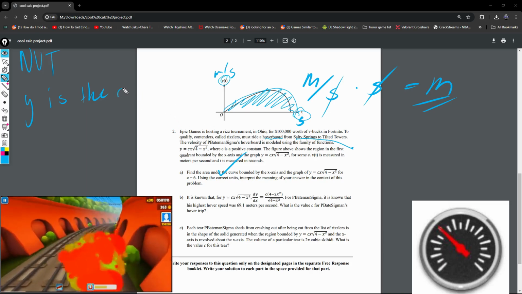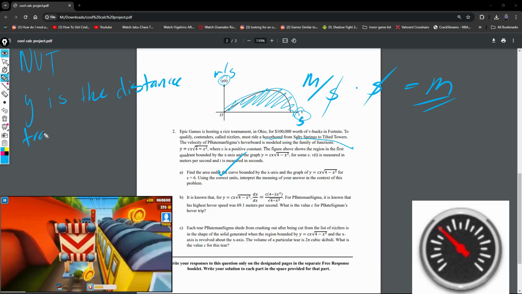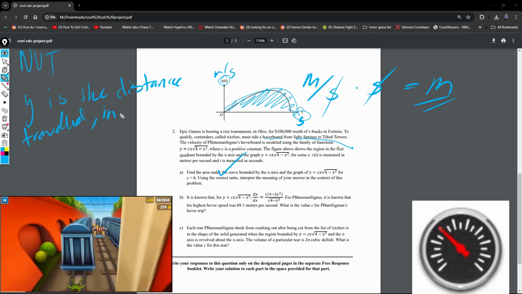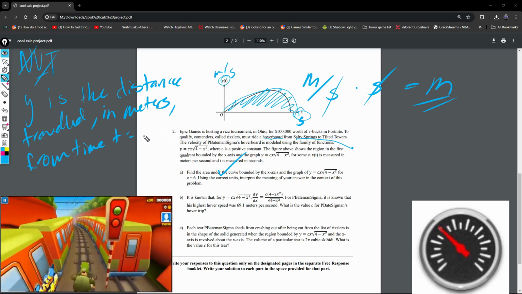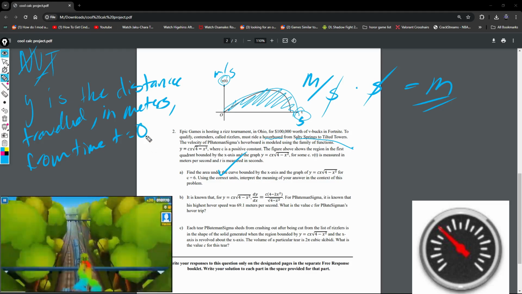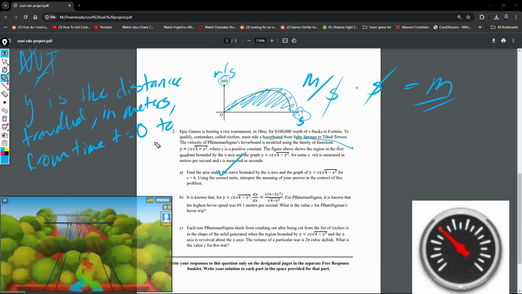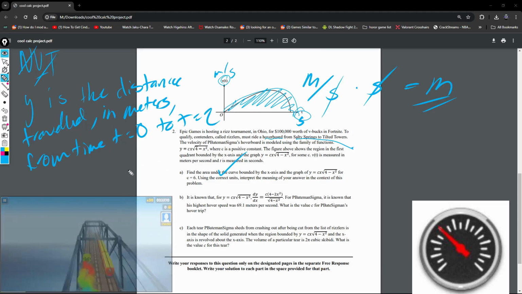So the distance traveled in meters, from time t equals 0 to t equals 2. So, easy question, guys, 3 points.